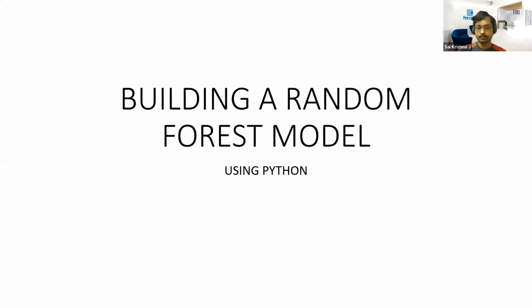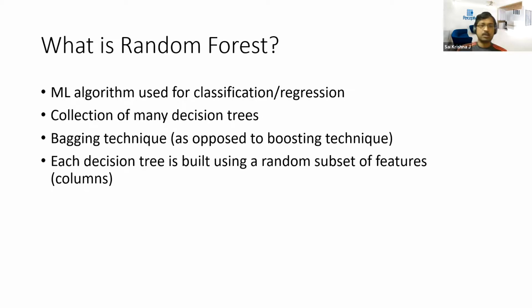Before we go into the actual coding, we will first try to understand what a random forest is. I'm not sure how many of you are familiar with this technique, so I will give a brief overview. The random forest algorithm is a machine learning algorithm used for classification or regression.